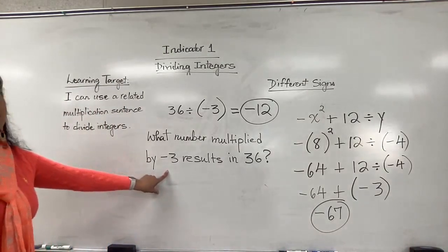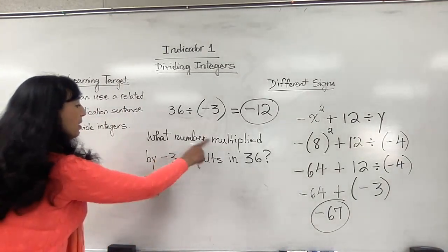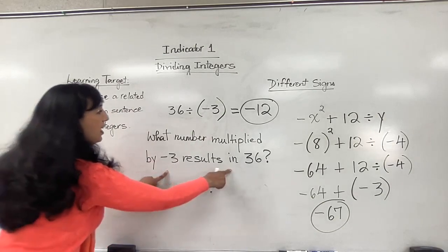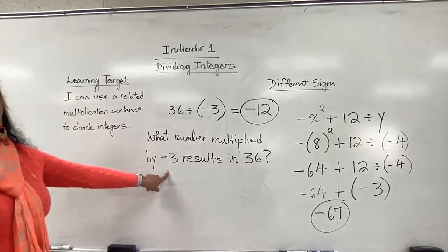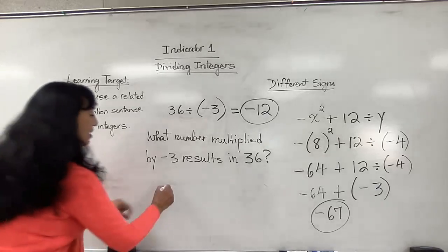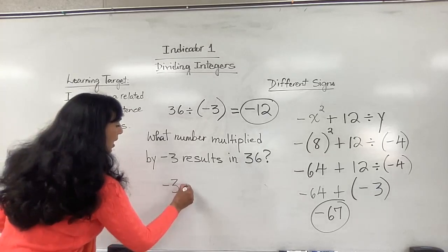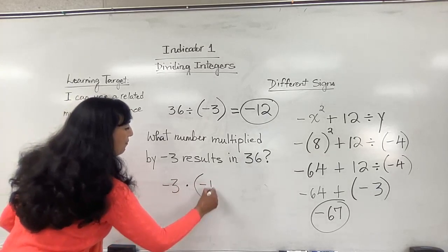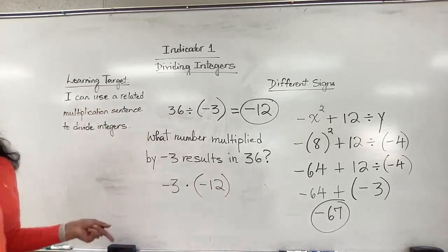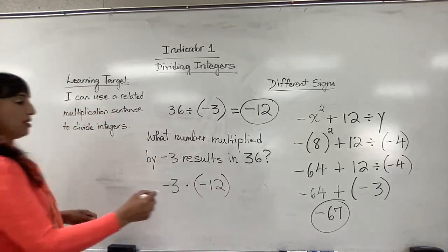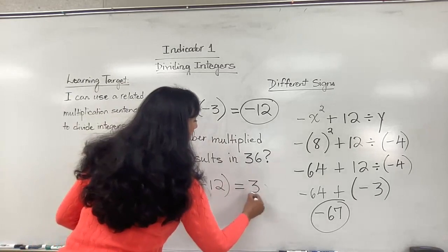So using a multiplication sentence, negative 3 times negative 12, and I know a negative times a negative is going to give me a positive, gives me 36.